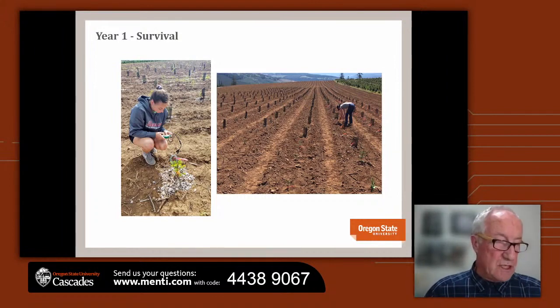At the conclusion of this experiment, we found that the mulch was probably the most effective to getting the trees to survive. We had about a 20% improvement in survival 2 years ago, and that was helpful.